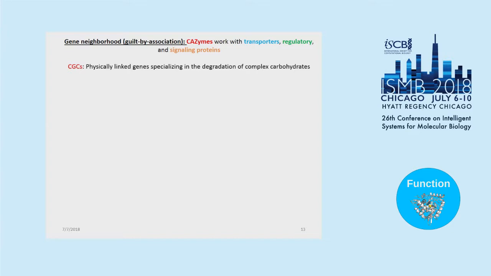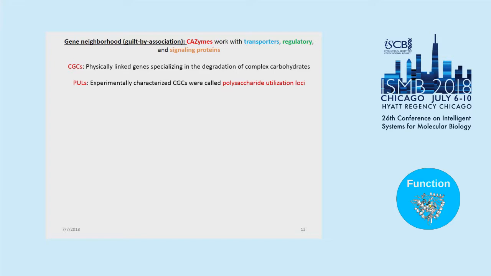Based on the literature, biologists have shown evidence that CAZymes often work with other proteins like transporters, transcription factors, or signaling proteins to efficiently degrade complex carbohydrates. The genes encoding those proteins tend to be clustered in the genome and form operons or gene clusters. We name those gene clusters or operons CGCs.